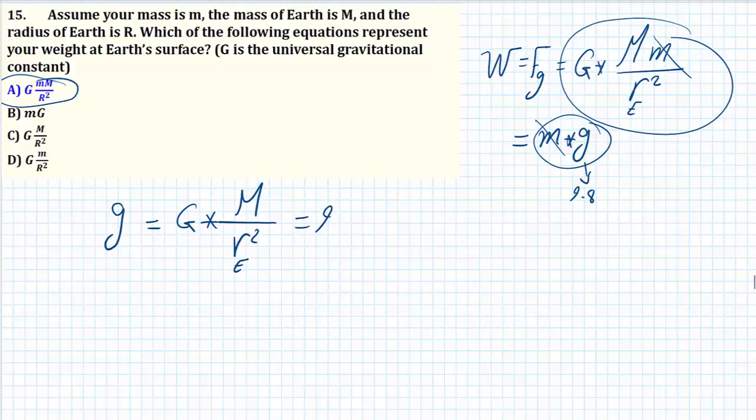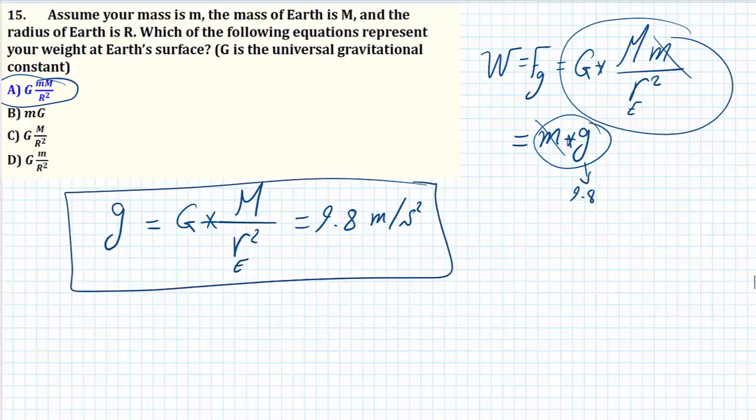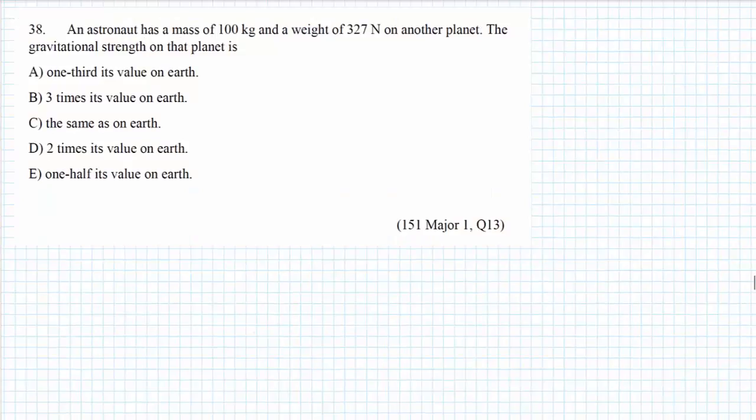So this is equal to 9.8 meters per second squared. We might need this equation later. Again, g, the gravitational acceleration at the surface of the earth, equals big G, which we call the gravitational constant, times the mass of the earth divided by the radius of the earth squared. This amount is the 9.8 that we know.